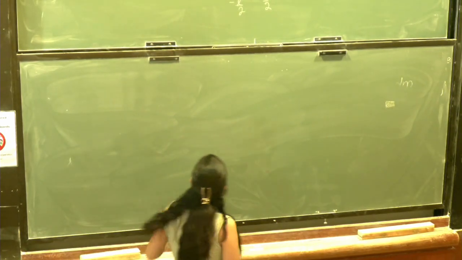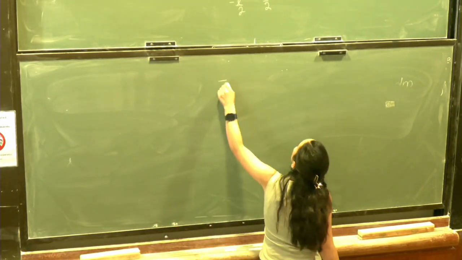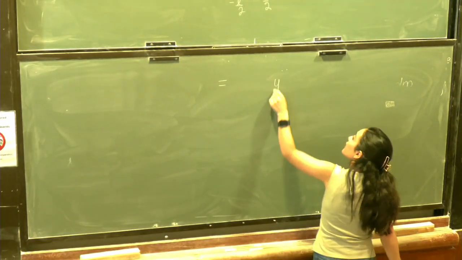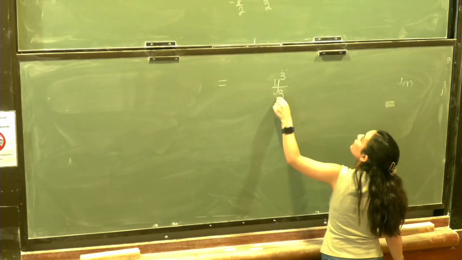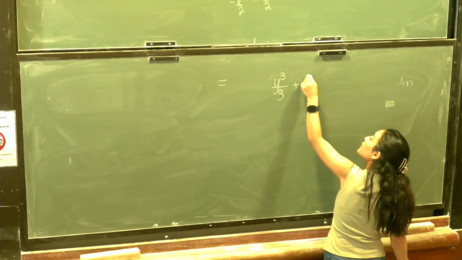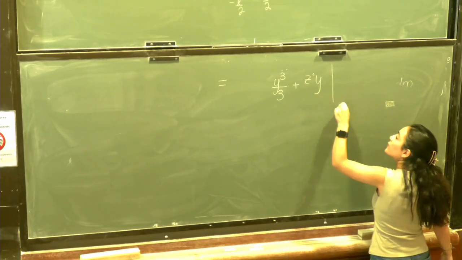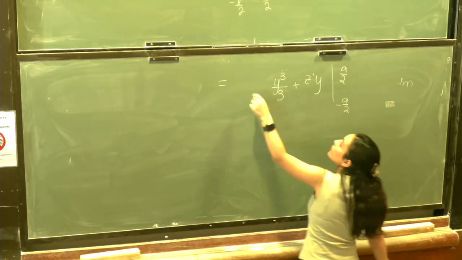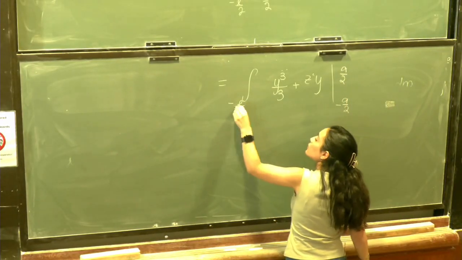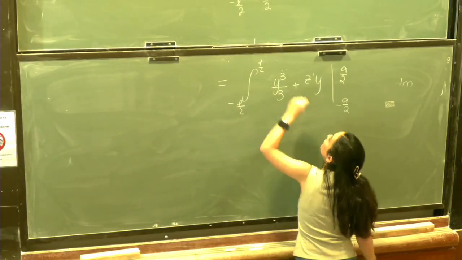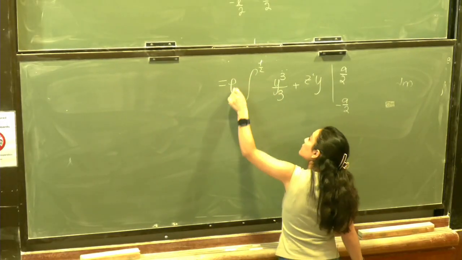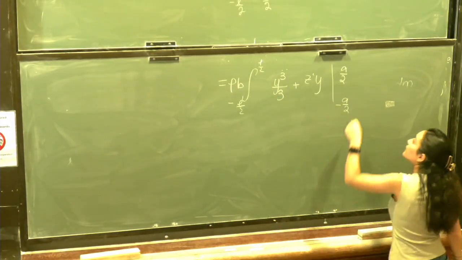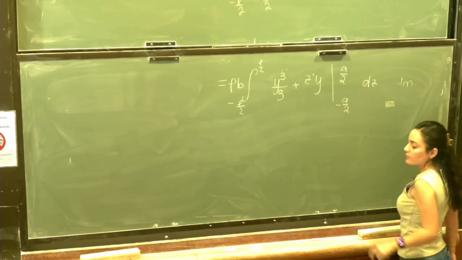Okay, which is equal to the integral. I'm integrating dy, so I'll get y cubed over 3 plus z squared y evaluated from minus a over 2 to a over 2, integral from minus L over 2 to L over 2, rho b dz. Right? Am I making any mistakes?